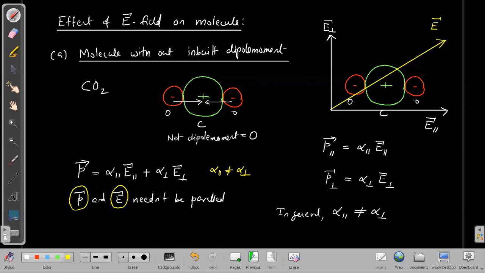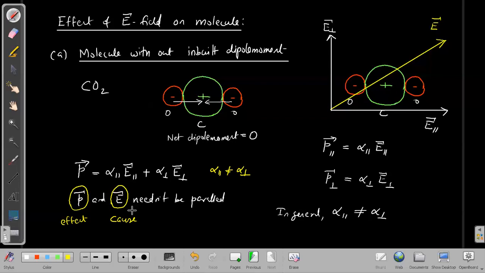So remember, the applied electric field is the cause and the induced dipole moment is the effect. So the cause and effect may align along different directions. Such things are not there in the case of a neutral atom. If you apply the electric field to a neutral atom, the induced dipole moment is along the same direction as the applied electric field.